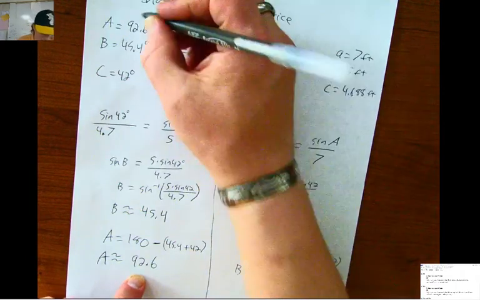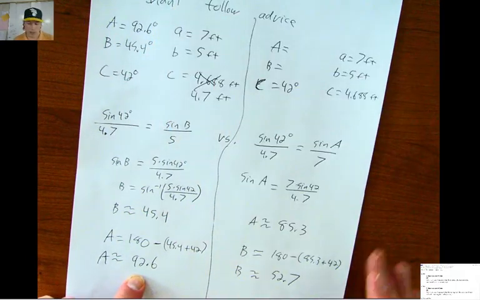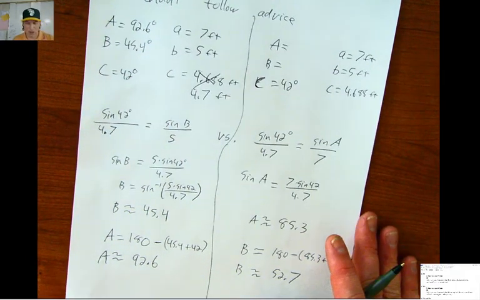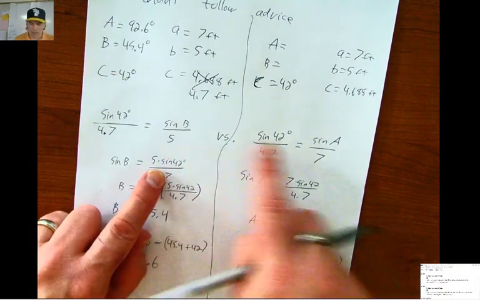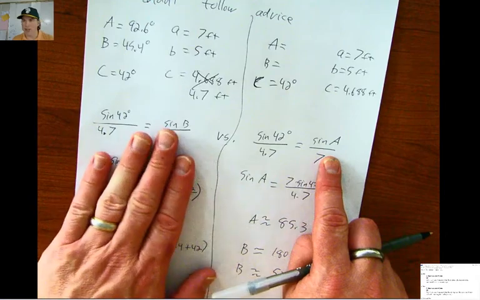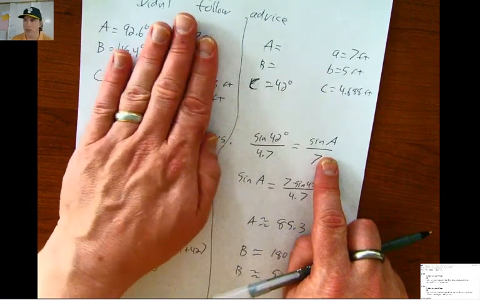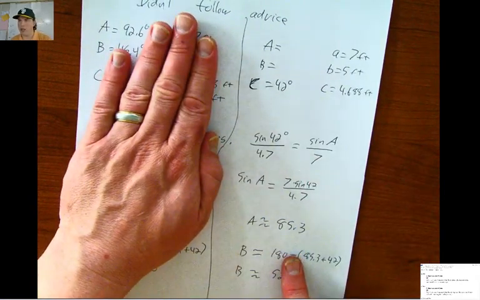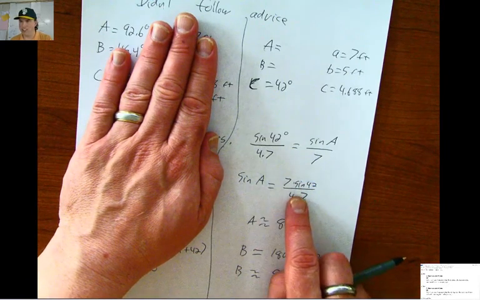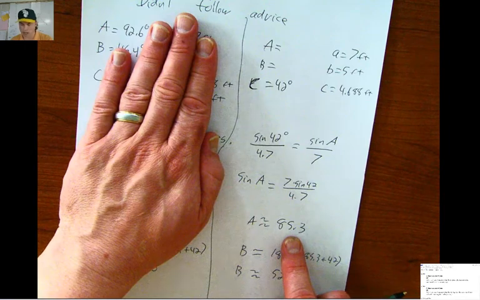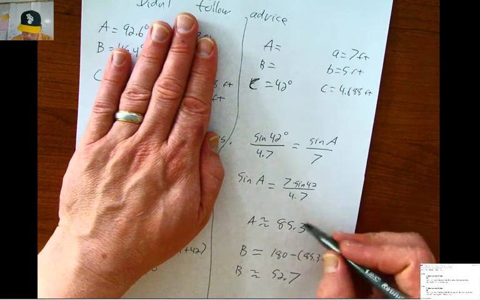Okay, degrees. That's actually the same answer I got earlier, so seems reasonable. But that was because that was when I found angle B first. What if instead I would have found angle A first? So I didn't do it this way, I did it this way. Well, you end up getting sine of A equals all this. You sine inverse it, you get 85.3 degrees.